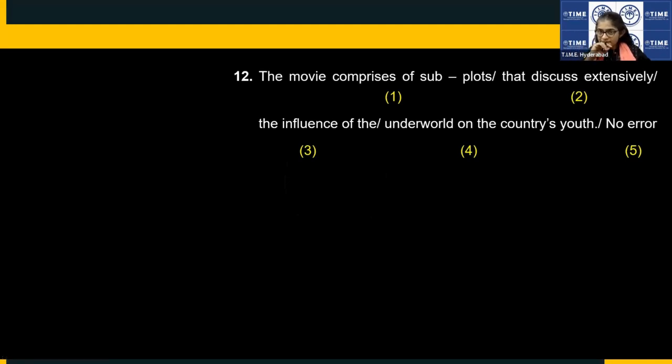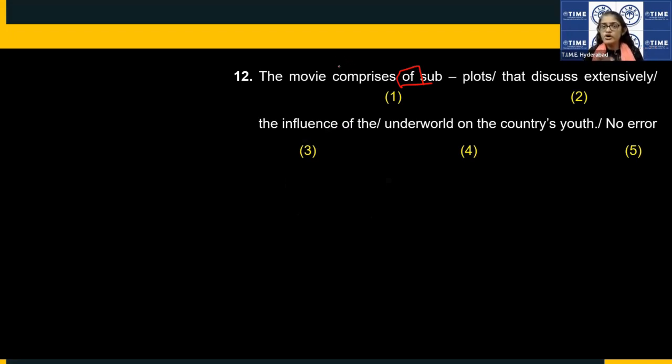Very, very common mistake I can see here. The movie comprises of subplots that discuss extensively the influence of the underworld on the country's youth. You know this mistake? Not comprise of. We all say this, it is wrong. The movie comprises subplots that discuss, or the movie consists of subplots.